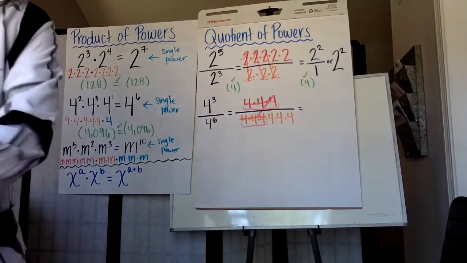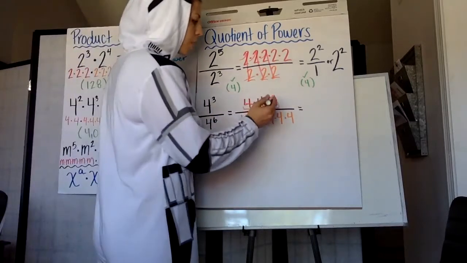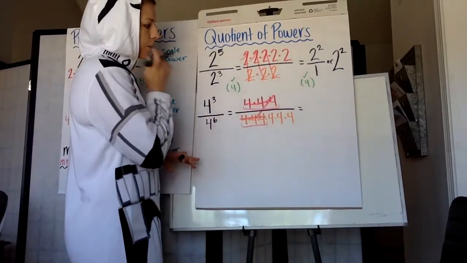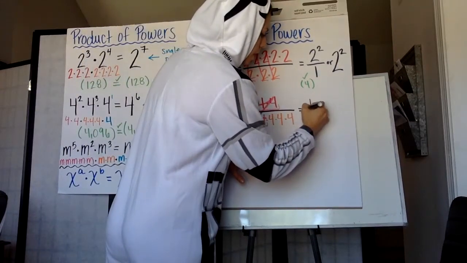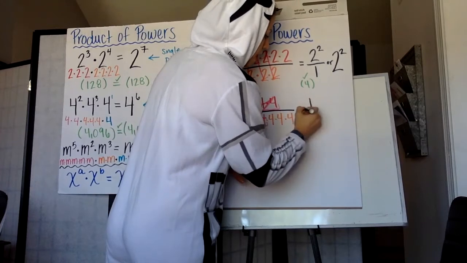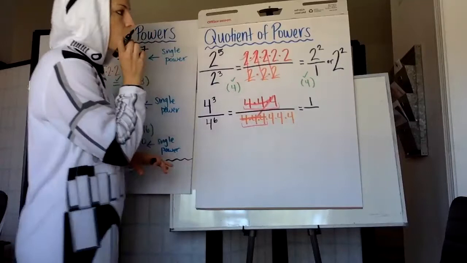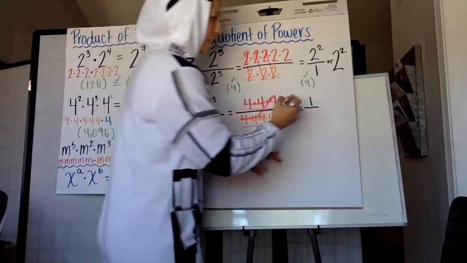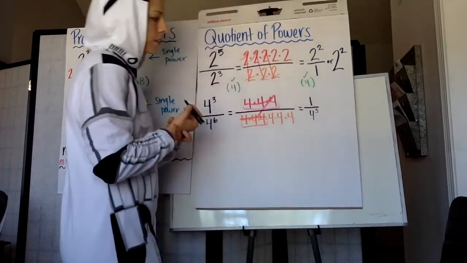So what does that now leave us with? Well, we have to look at this still as a fraction. What are we left with in the numerator? All of these became 1, so that leaves us with 1 in the numerator. And what's left in the denominator? 4 times 4 times 4, which we would write as 4 to the 3rd power.